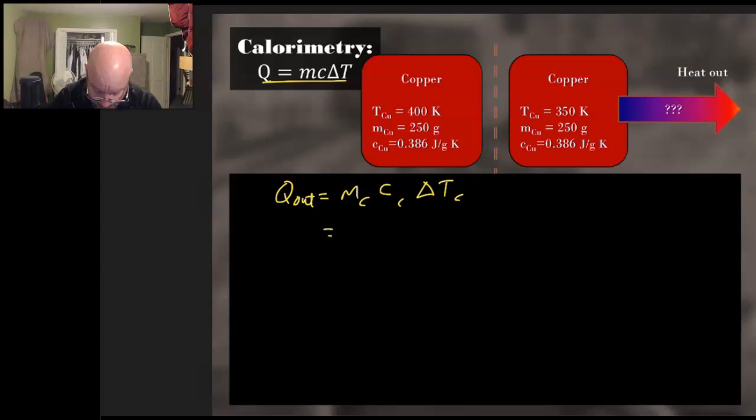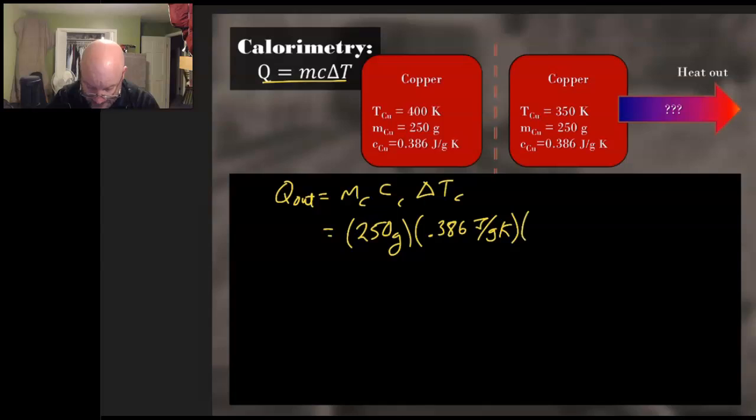So you could do Celsius, but here we go. We've got 250 for our mass, and that's grams. We want to make sure we put our units on here. Then we got 0.386 joules per gram Kelvin. And then our delta T, our final temperature is 350.